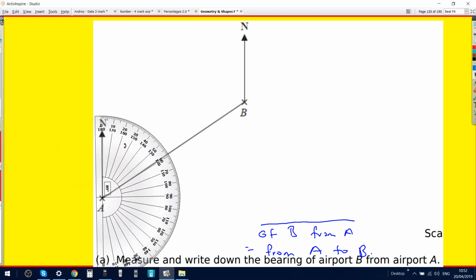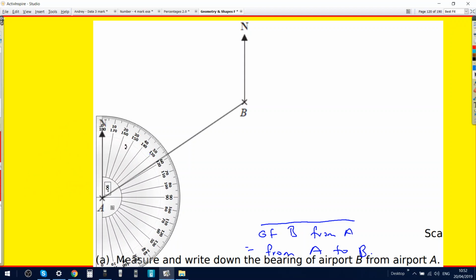And so it's always from the north line to the line you're talking about. And so what does it look like? 120 something degrees. You're looking at starting from 180. You start from 0? Oh, 58? Yeah, it's about 58. To be exact, yeah, looks like it's about 58.